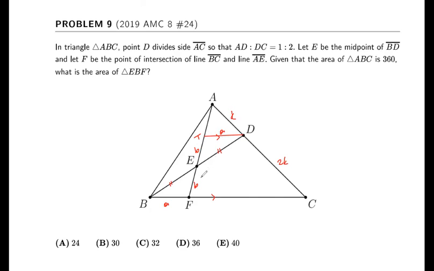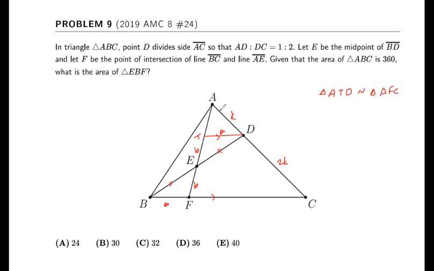But what else do we have? We also have ATD, let me write that. Triangle ATD is similar to AFC. Why is this similar? Because the angle T right here is the same as F right here. So this angle at D is equal to this one, just because these two are parallel lines.